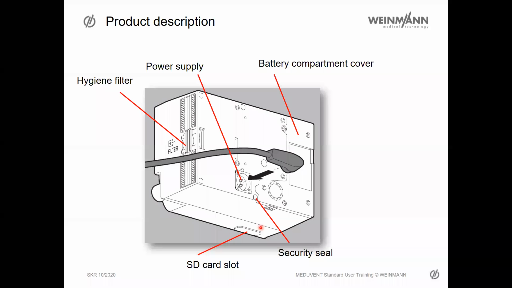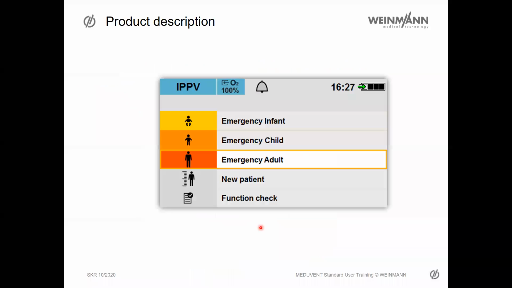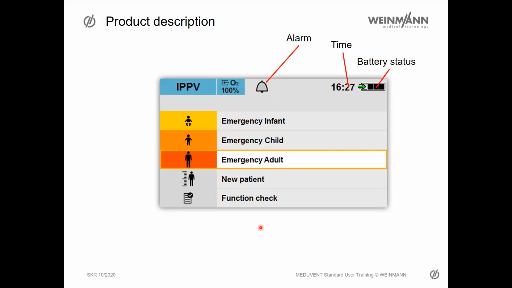When you look at the start screen of the MEDUVENT standard, we have the battery status on the right-hand side. We have the time, the alarm clock in the middle. When you press the mute button, the alarm clock will be crossed. We have the sign that you operate with 100% or 93% of oxygen.